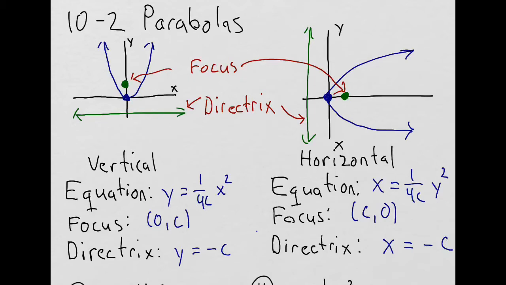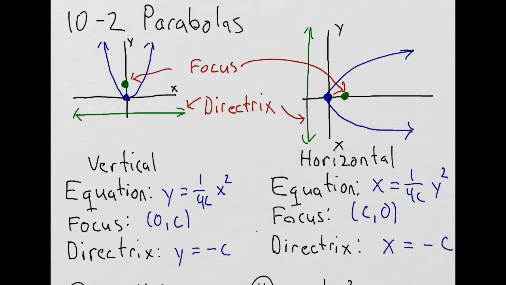The basic equation is y equals 1 over 4c x squared. The c is important because it defines the focus and the directrix. The focus for vertical parabolas is always going to be (0, c). The directrix is always going to be y equals negative c.